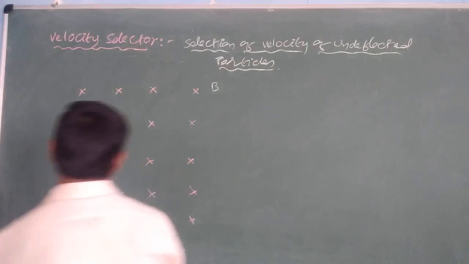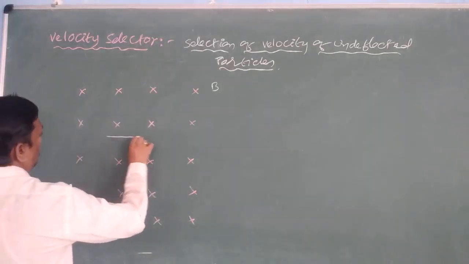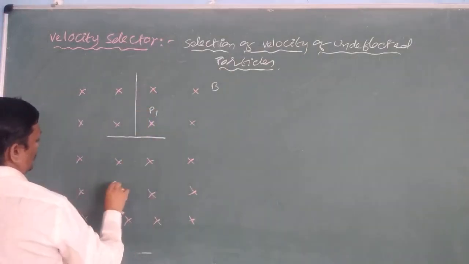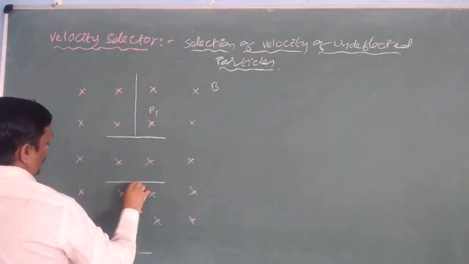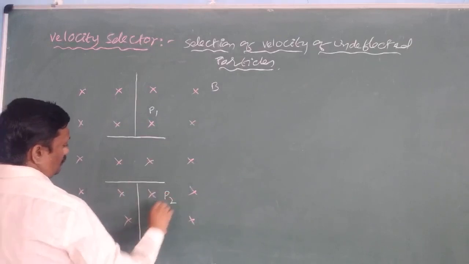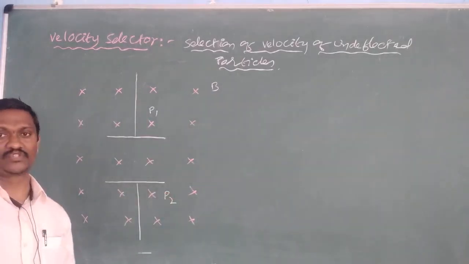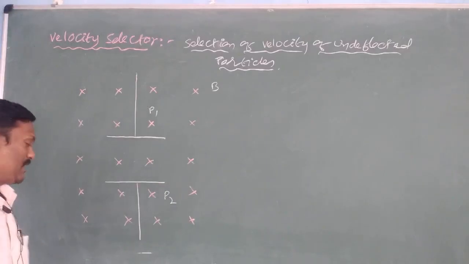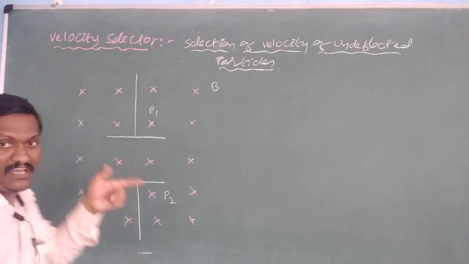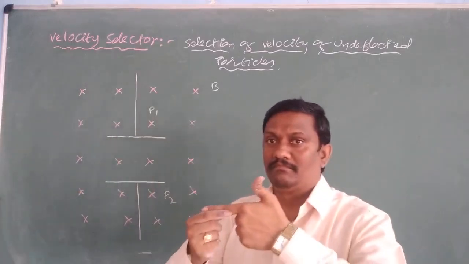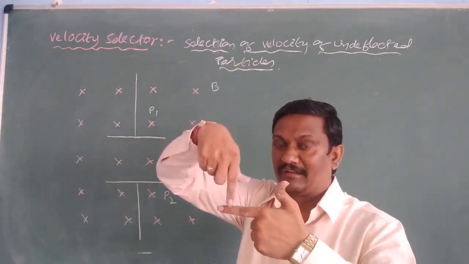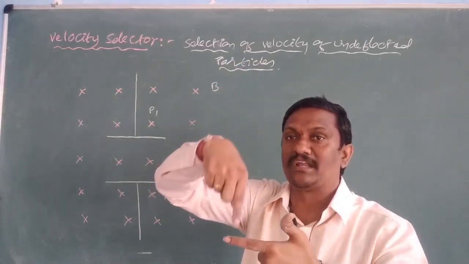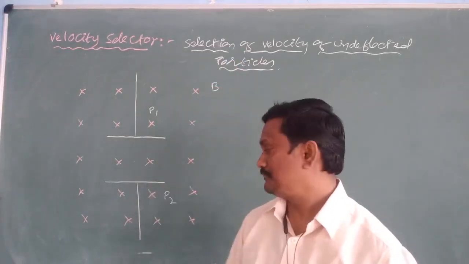Next, here two metal plates are there: the first metal plate P1 and the second metal plate P2. These two metal plates, or electrodes, lie in vertical planes. The magnetic field lies in the horizontal plane, but the electrical field lies in the vertical plane. Here the two fields are crossed fields, perpendicular to each other.